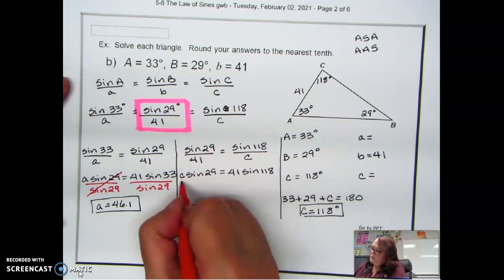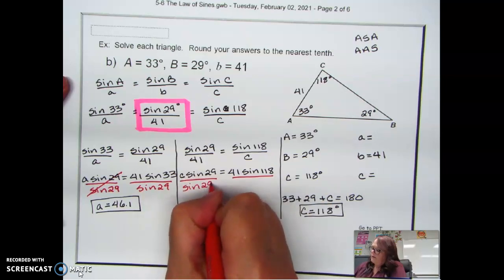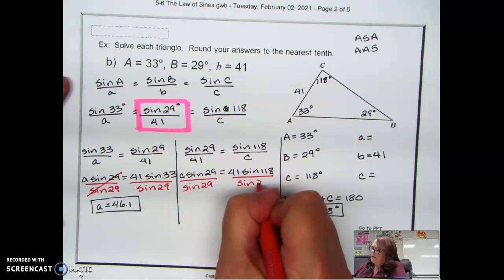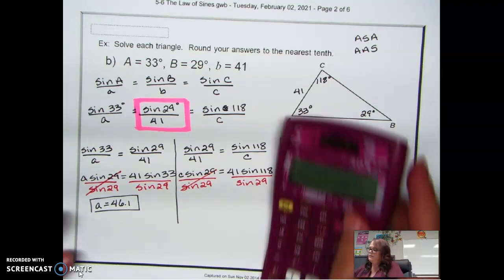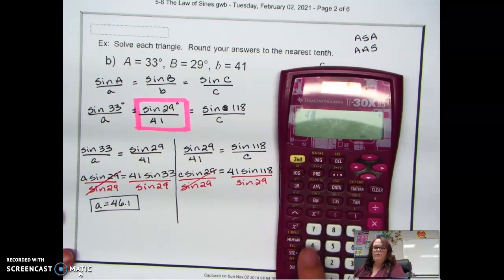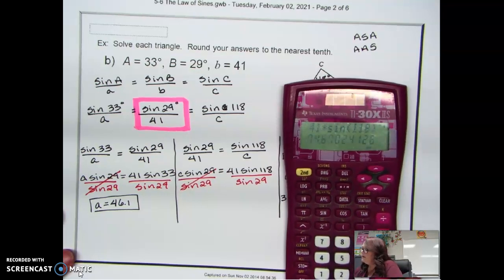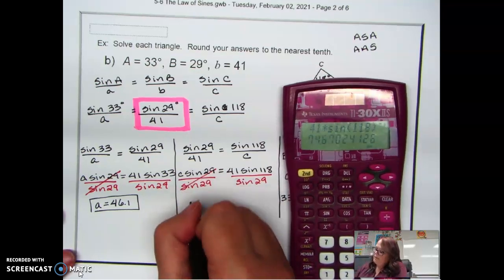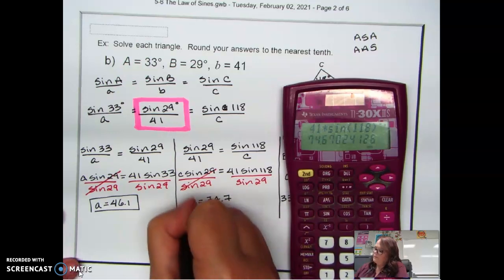And then I can divide both sides by the sine of 29. And so we can say 41 times the sine of 118, close that, divided by the sine of 29 gives me 74.67, which makes C equal to 74.7.